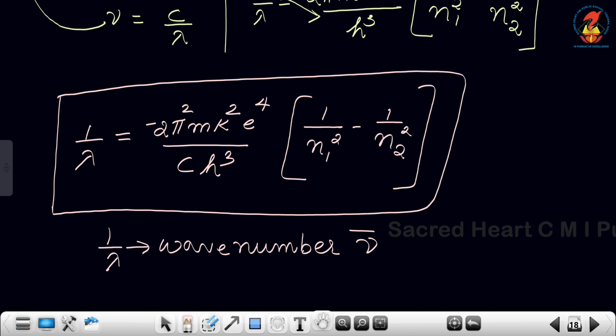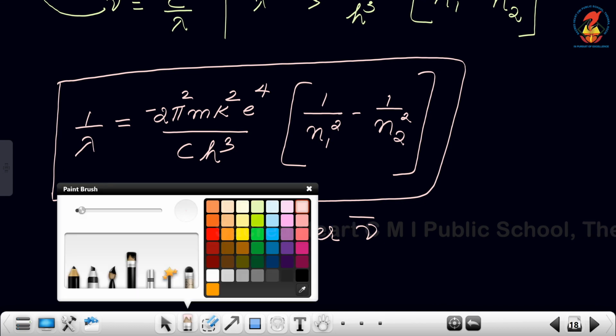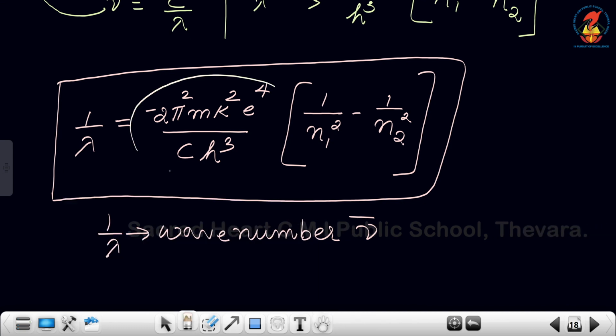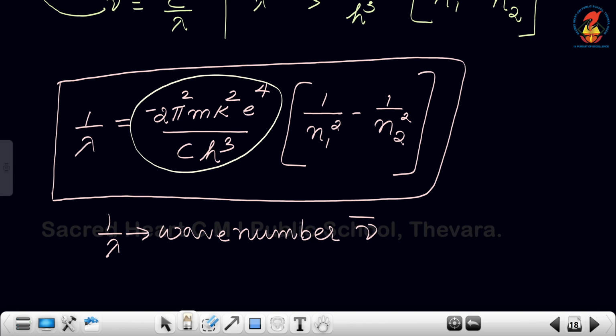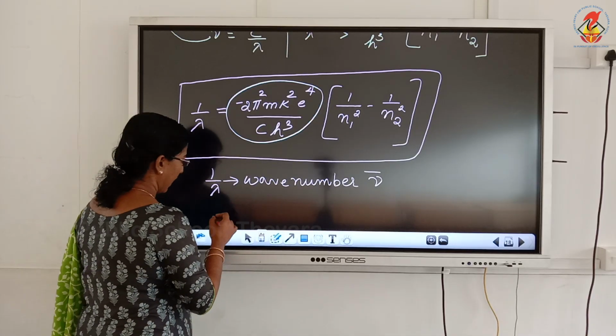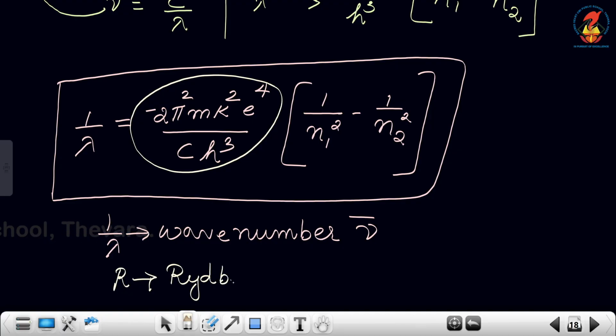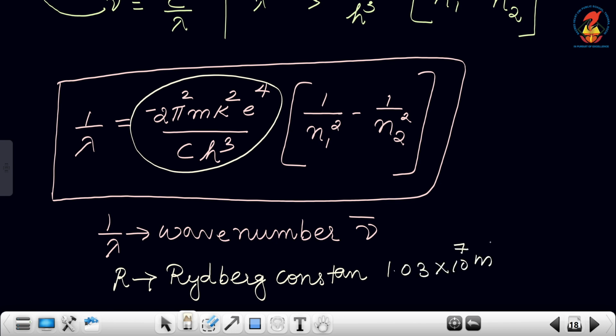Also 2 pi square m k square e raised to 4 by c h cube is a constant, known as R, the Rydberg's constant, having the value of 1.097 into 10 raised to 7 meter raised to minus 1.